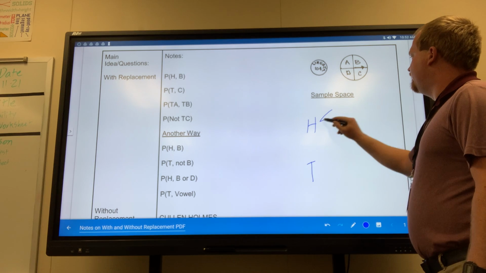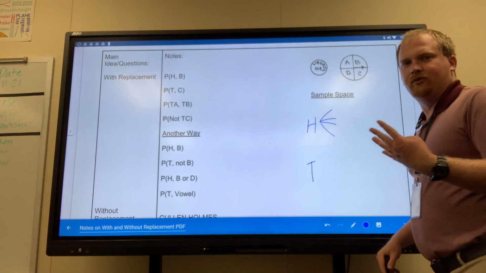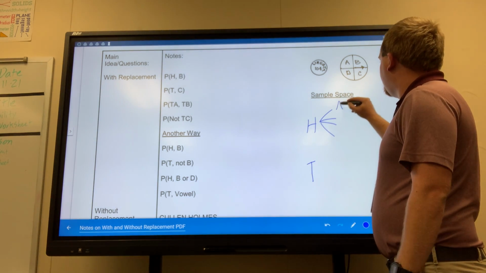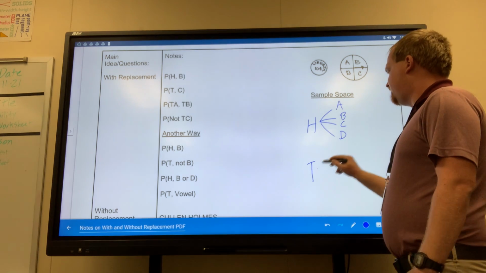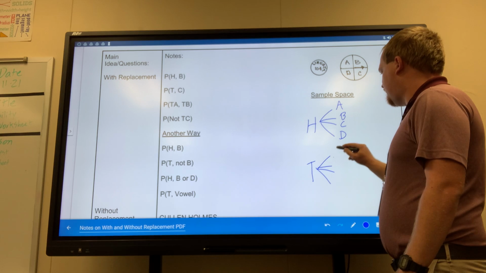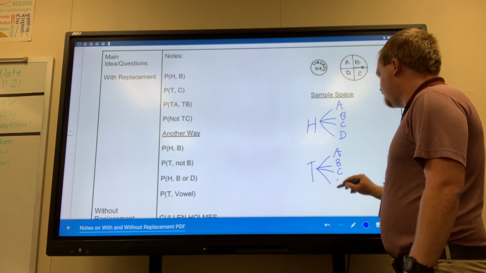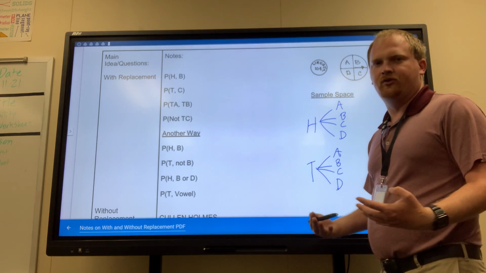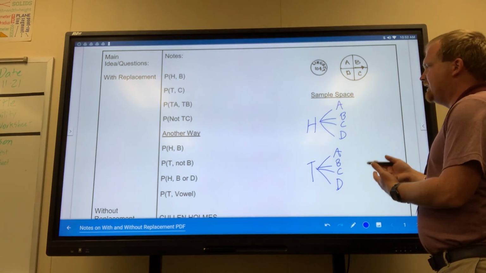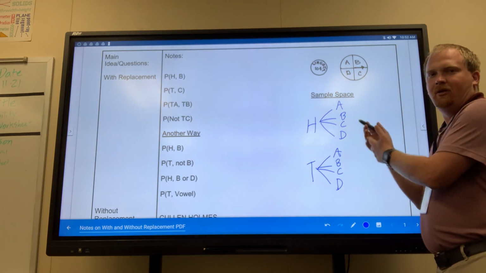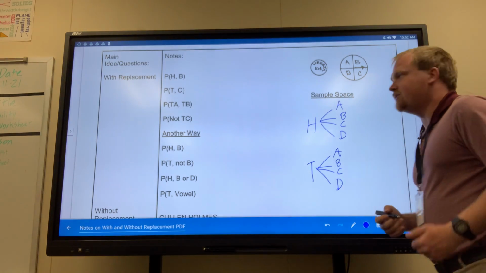Now for the spinner, there's actually 4 different results, A, B, C, or D. And tails will be the same way, A, B, C, or D, because there's only 4 results out of the spinner. So by looking at it, I can actually figure out the probability of getting certain events.